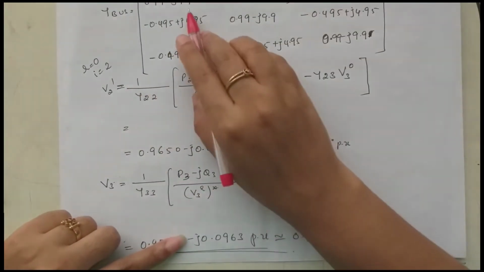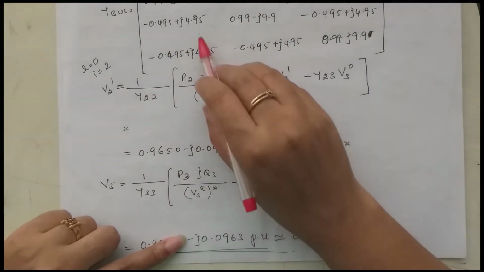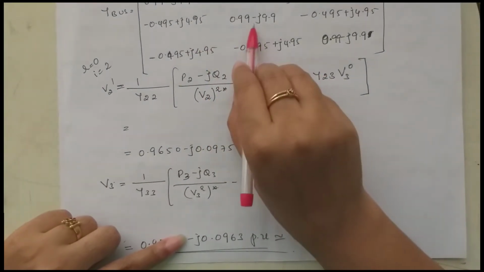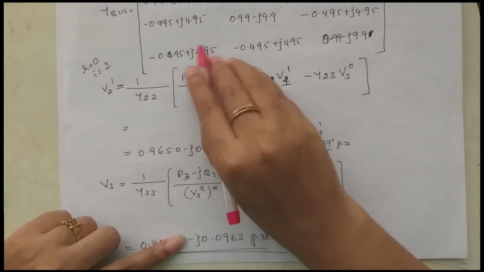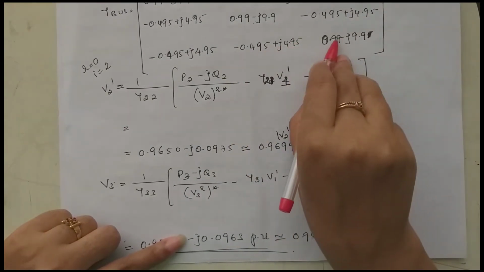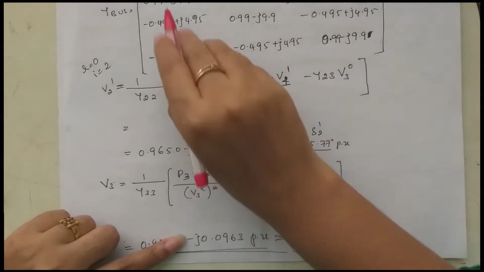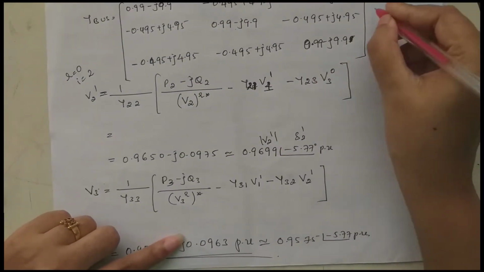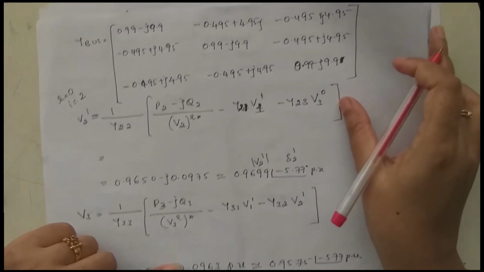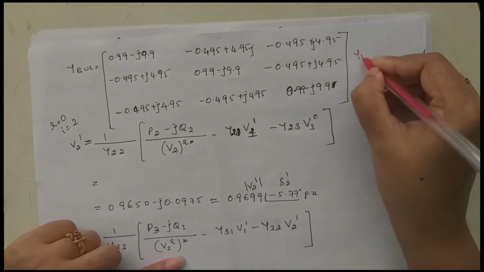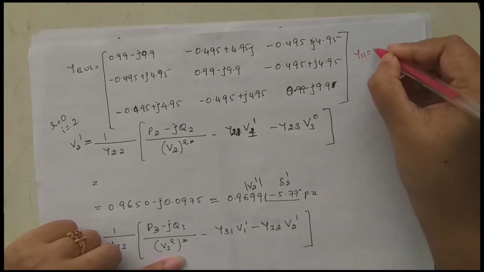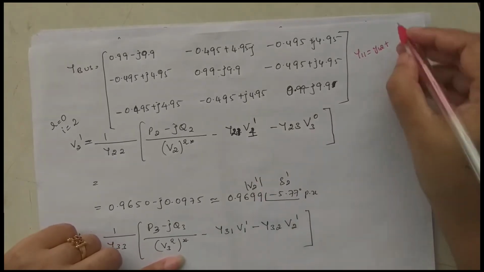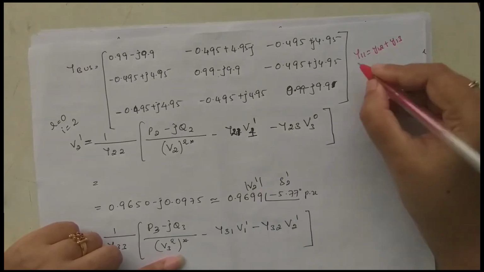Y bus is equal to Y11, Y12, Y13, Y21, Y22, Y23, Y31, Y32, Y33. What is Y11? Y11 is equal to Y12 plus Y13.